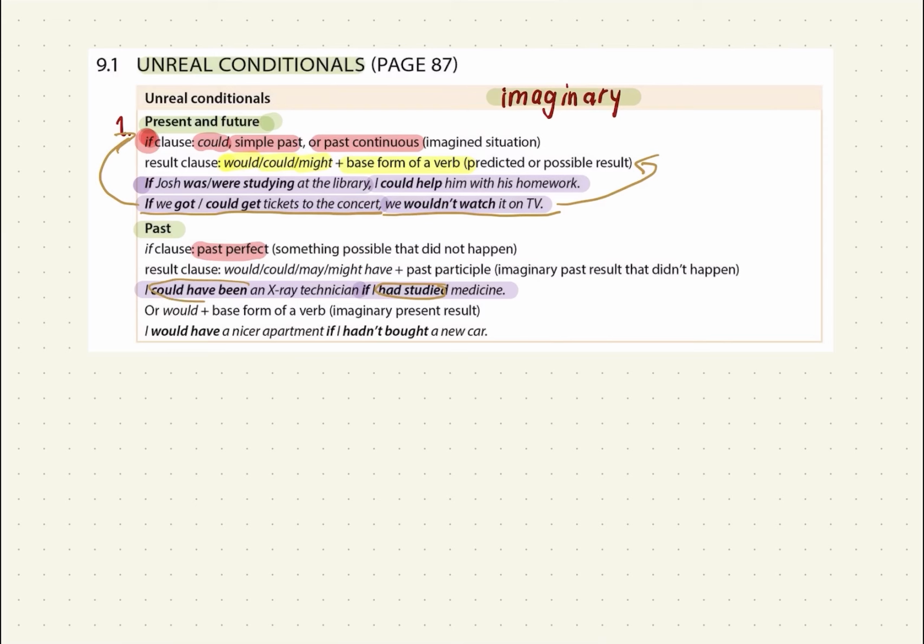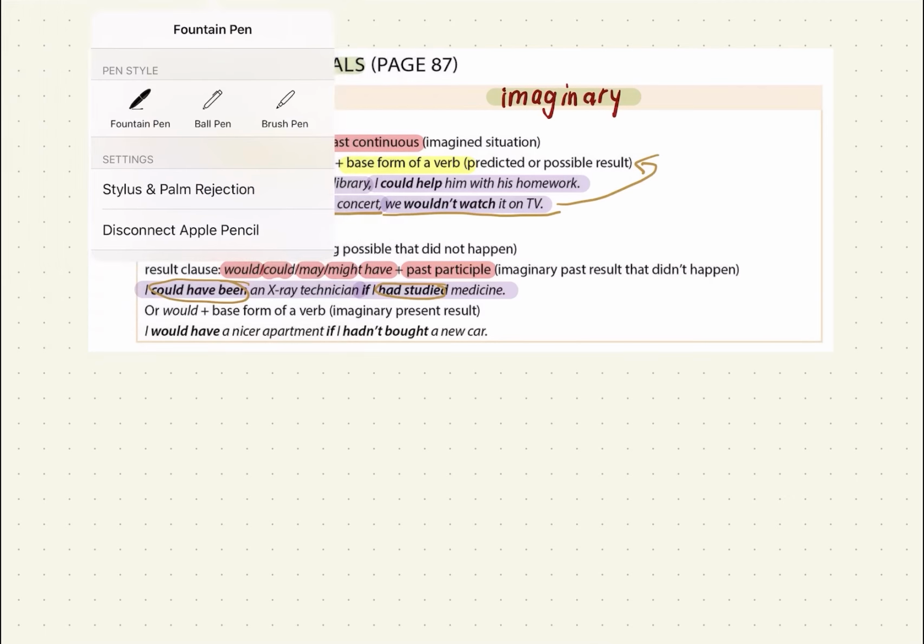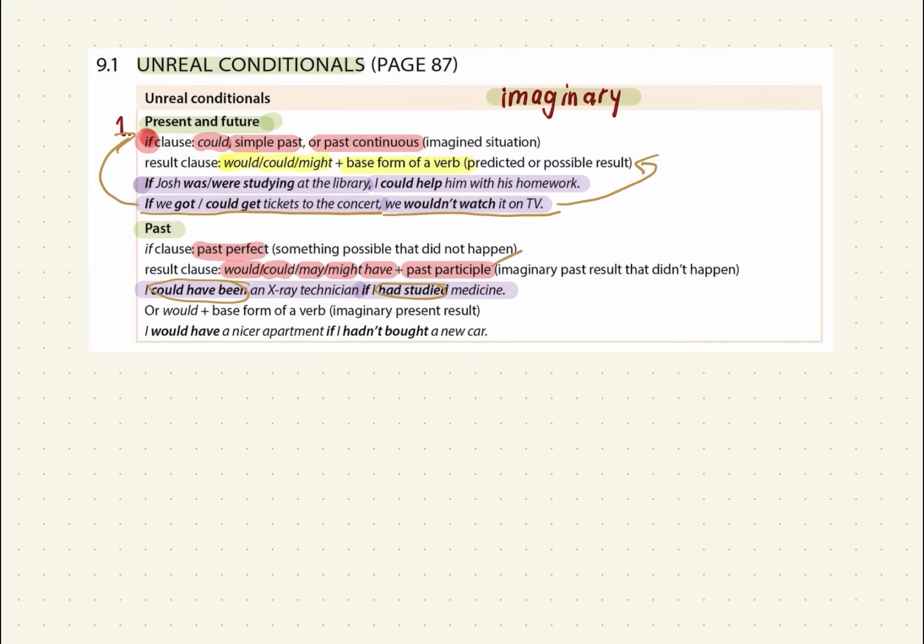I could have been, this is would, could, may, or might, plus have and past participle. What is past participle? Very easy, it's verb 3.